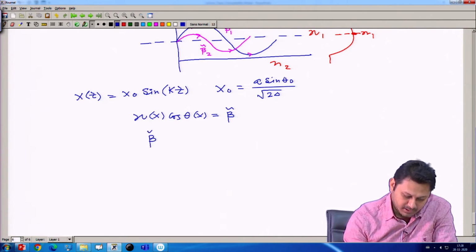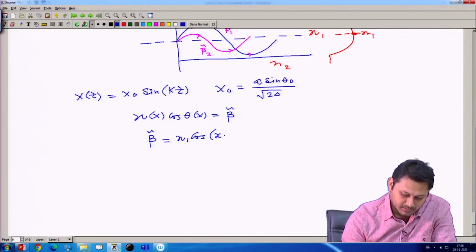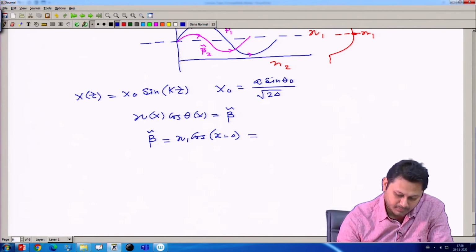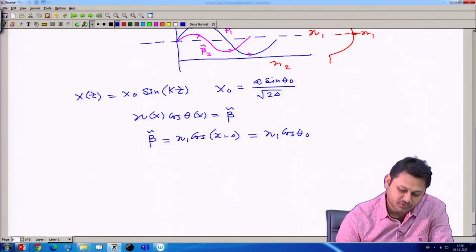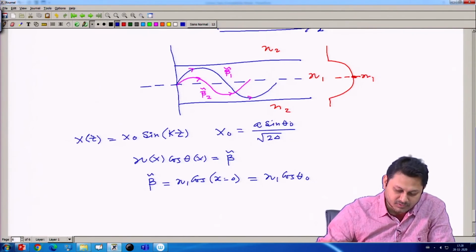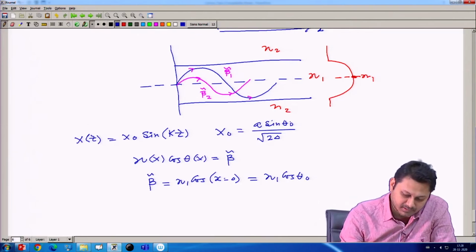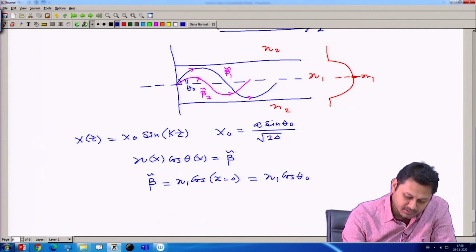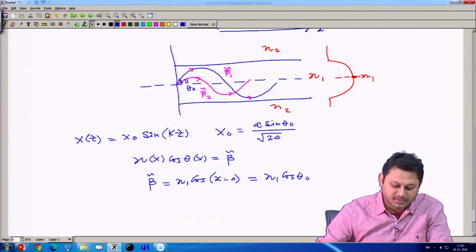So beta tilde is equal to n1 cos of x equal to 0, which is n1 cos theta 0. So this value is true for cos theta 0, that means the initial point also. So this is my theta 0 initial. This is also some theta 0 prime like that.